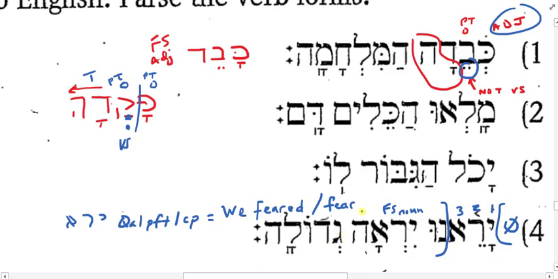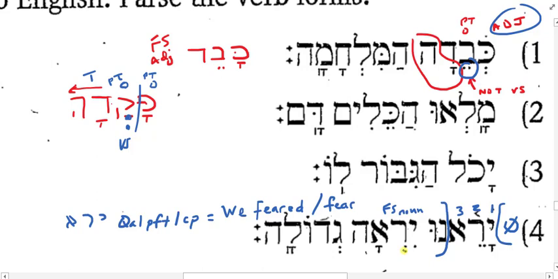So here's the question. Do you think great fear is the direct object? Is it what we fear? No, it's not. Rather, this noun with its attributive adjective has an adverbial function. We feared great fear means we feared with great fear.